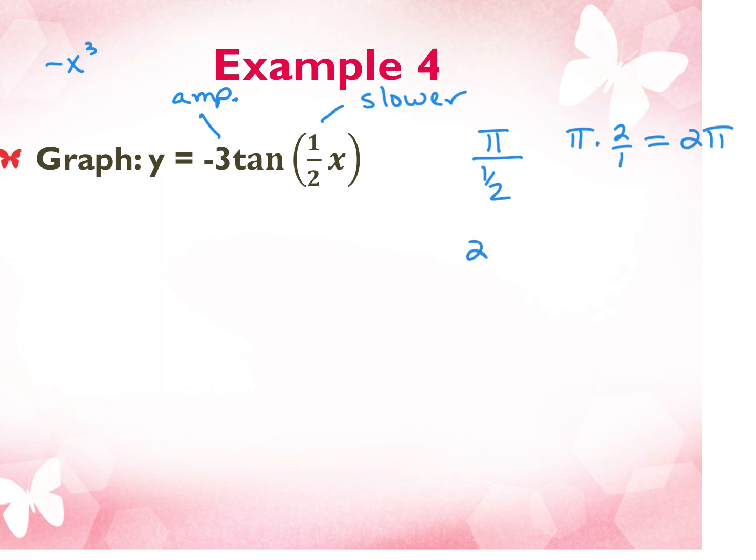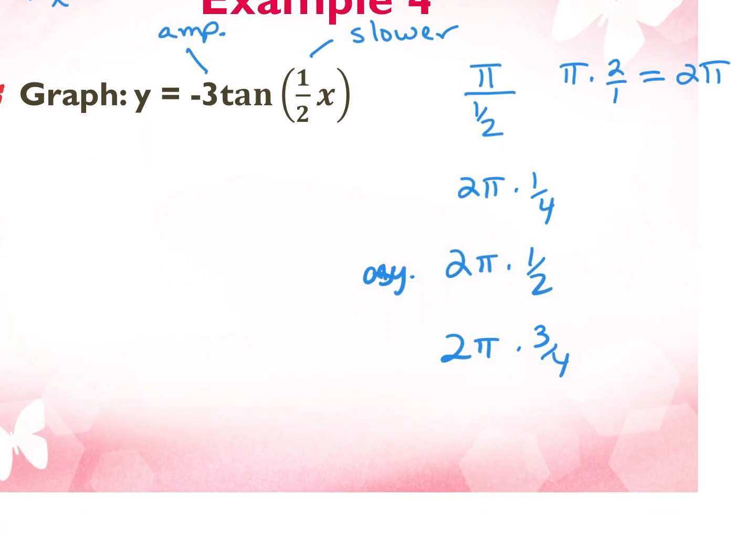So again, take that, multiply it by 1/4, 1/2. This is where an asymptote is going to be. 2 pi times 3/4. 2 pi times 4/4. So this is just 2 pi. This simplifies.